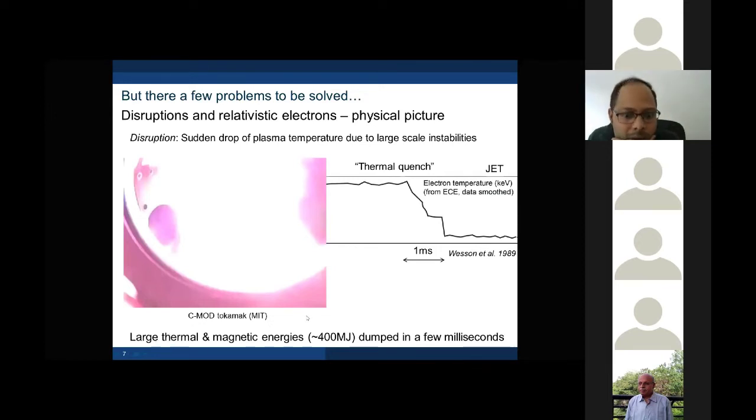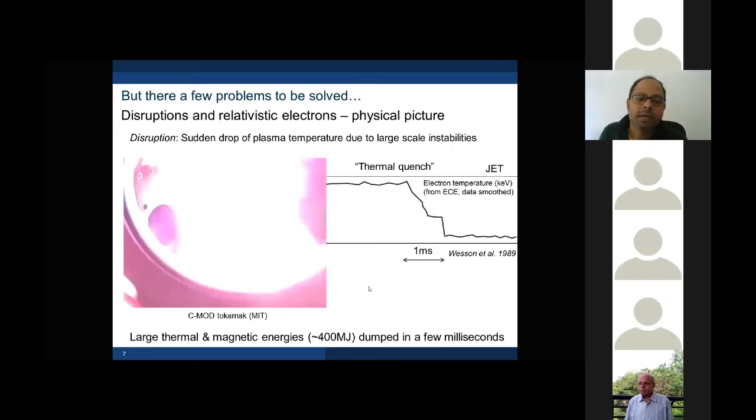And once the plasma is cooled, the plasma resistivity increases by a factor of 1,000 or so, because fusion plasma has a conductivity that increases as T to the power 3/2. So this means that when the temperature drops by a factor of 100, the resistivity increases by a factor of 1,000, and this means that the plasma current has to decay fast at the resistive diffusion time scale.